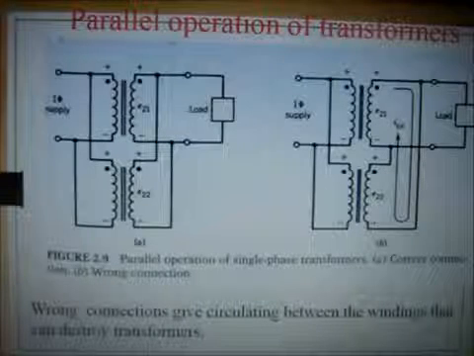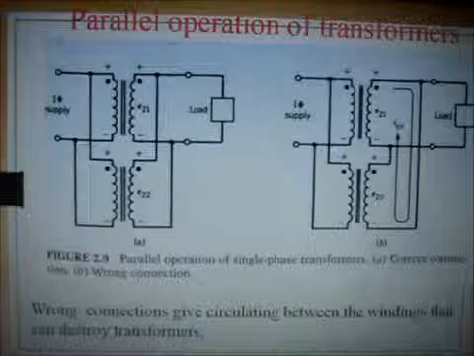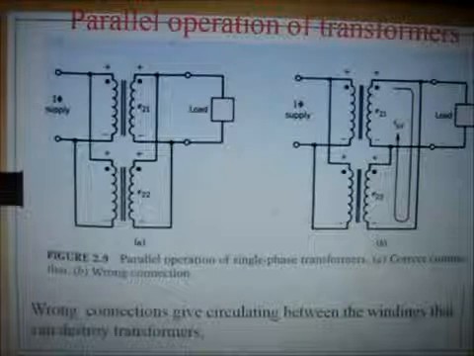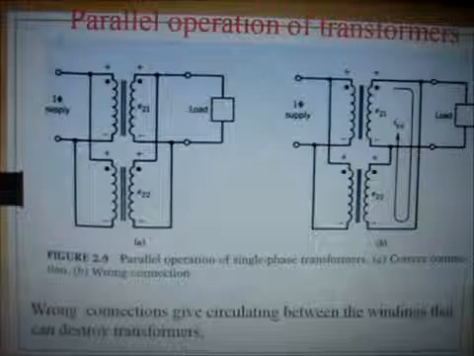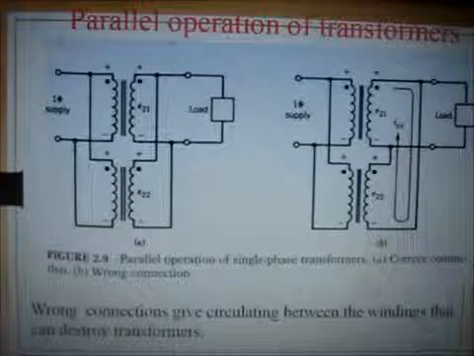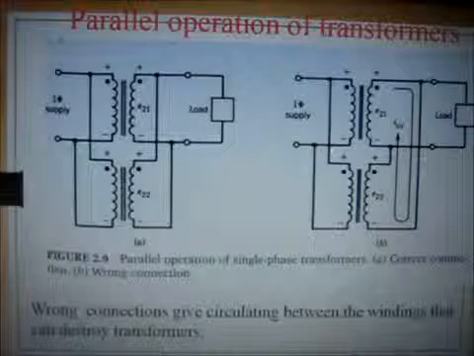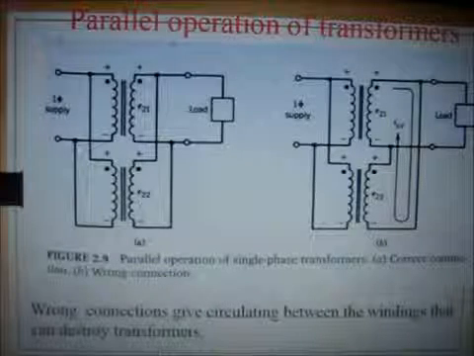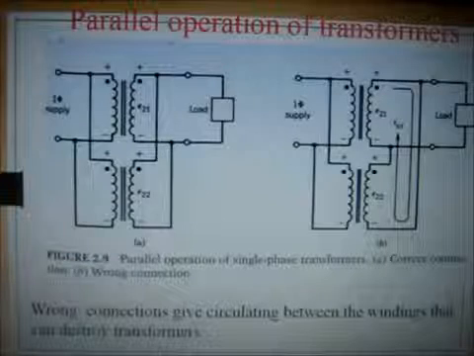The better method is parallel operation of the transformer. In this case, if one transformer goes out of order, then the other will supply us, and there will be continuous supply, and we will not face any problem. Also, the rectifying process for this type of transformer is easier. So in order to give a higher efficient and continuous current supply, we use this parallel operation of transformers.